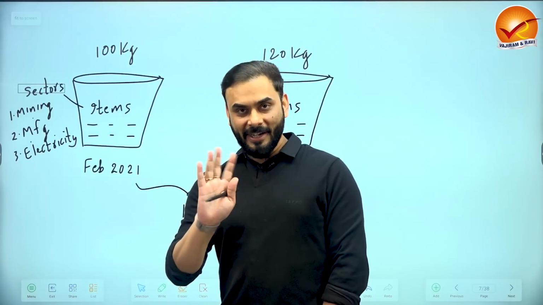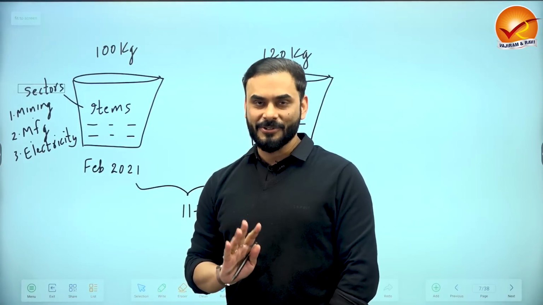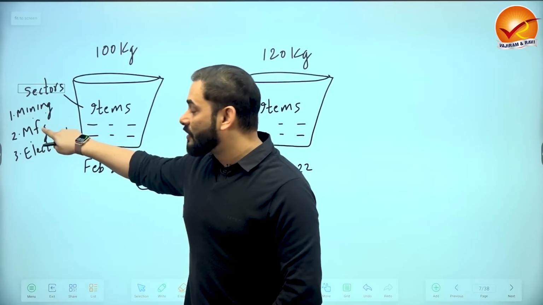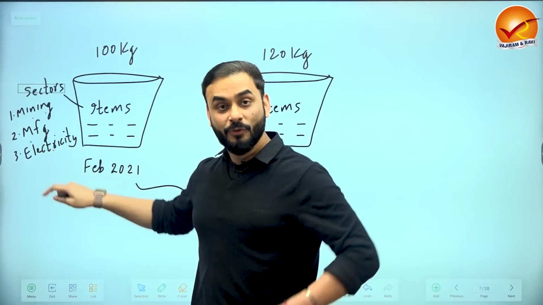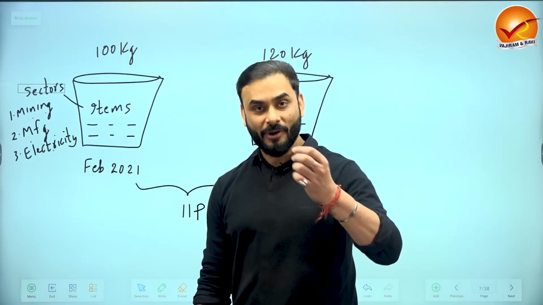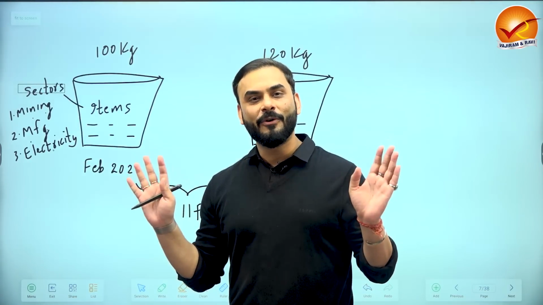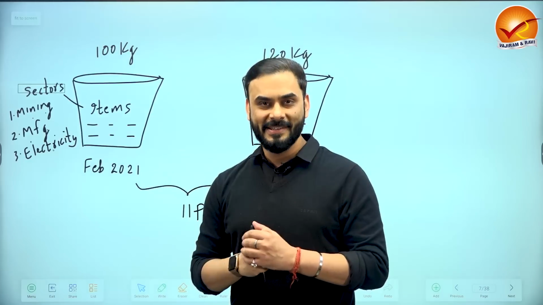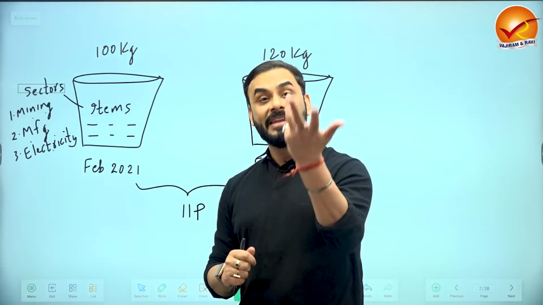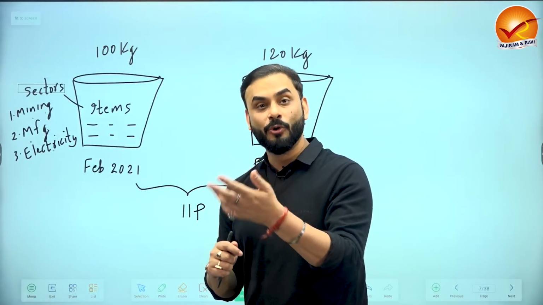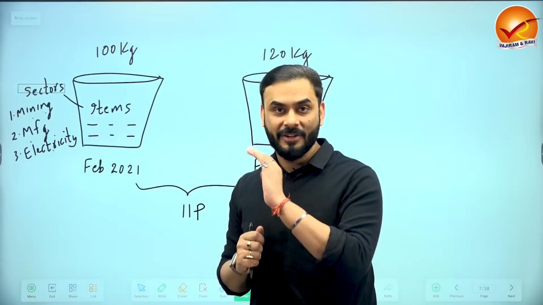So let's take three different types of sectors in the industry. Now, all these three sectors of the industry would produce different type of products, isn't it? So for example, manufacturing, whatever you see around yourself, it is manufacturing only, isn't it? And then when you talk about mining would give you things like coal, etc., minerals, and then electricity.